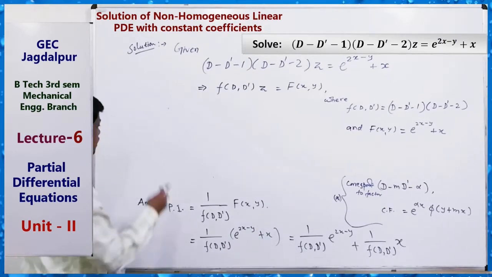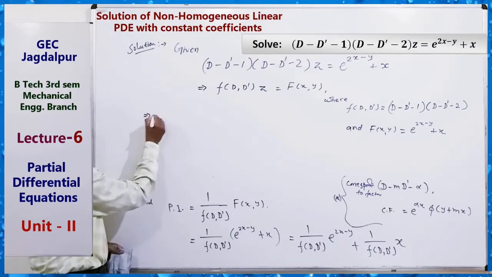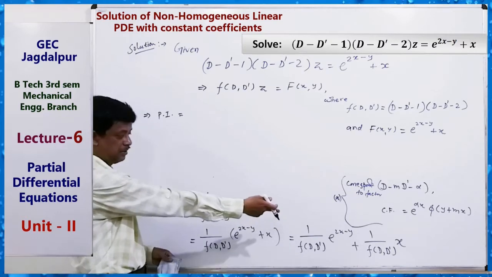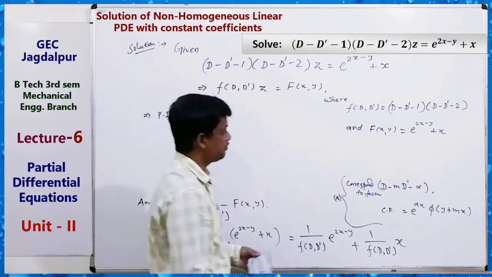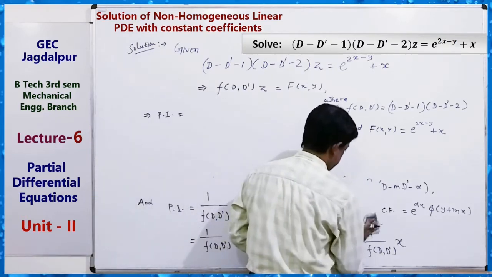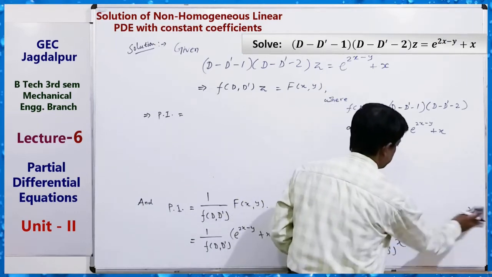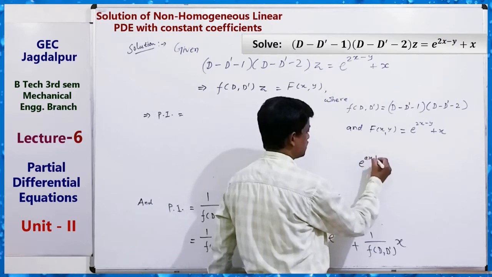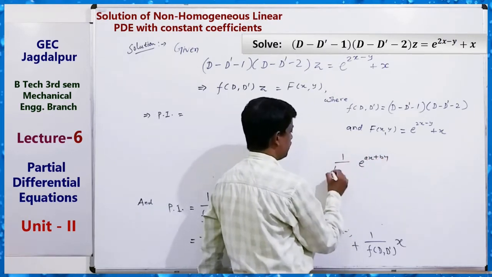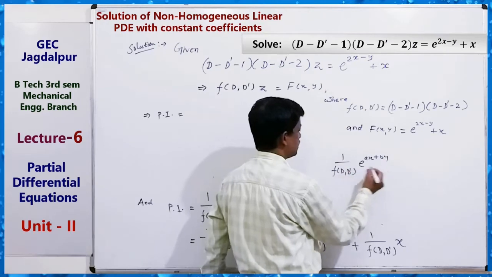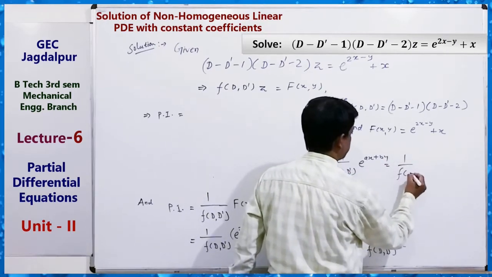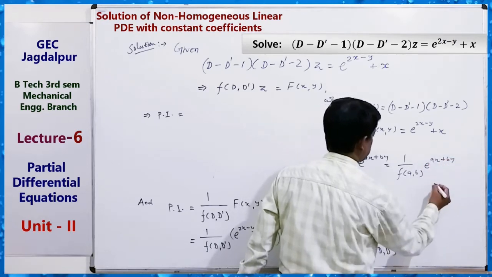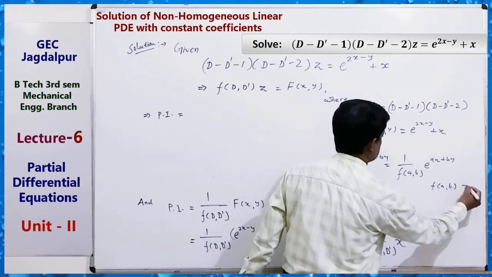Okay, PI equals, first part, we know the basic formula for PI, a special formula: 1 upon f(D, D') e to the power ax plus by equals 1 upon f(a, b) e to the power ax plus by, if f(a, b) is not equal to 0.